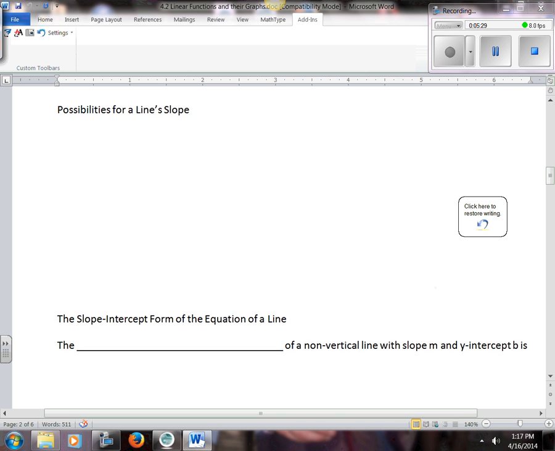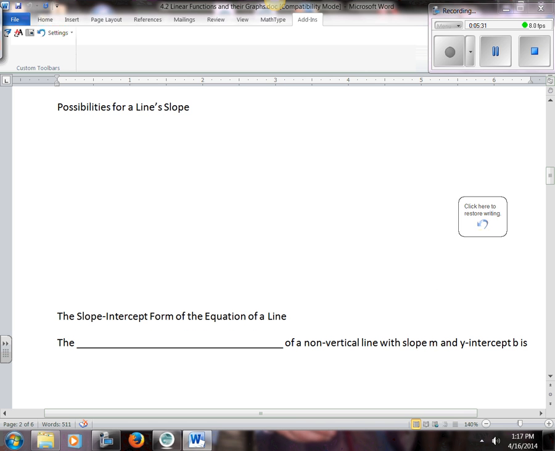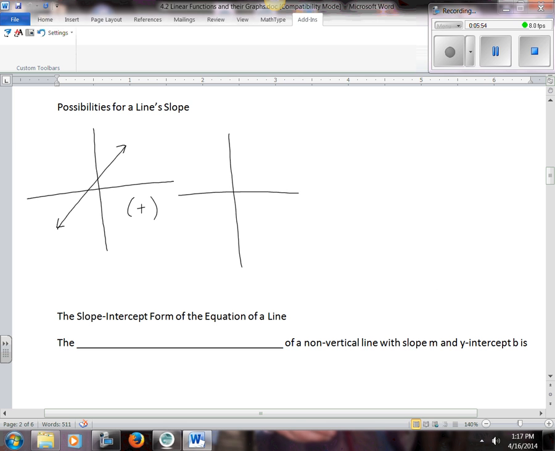All right, so we have a couple different possibilities for the slope of a line. I'm sure you guys have seen these before. We're just going to sketch them out real quick. If the line looks like this, the slope is positive. If the line looks like this, this is a negative slope.